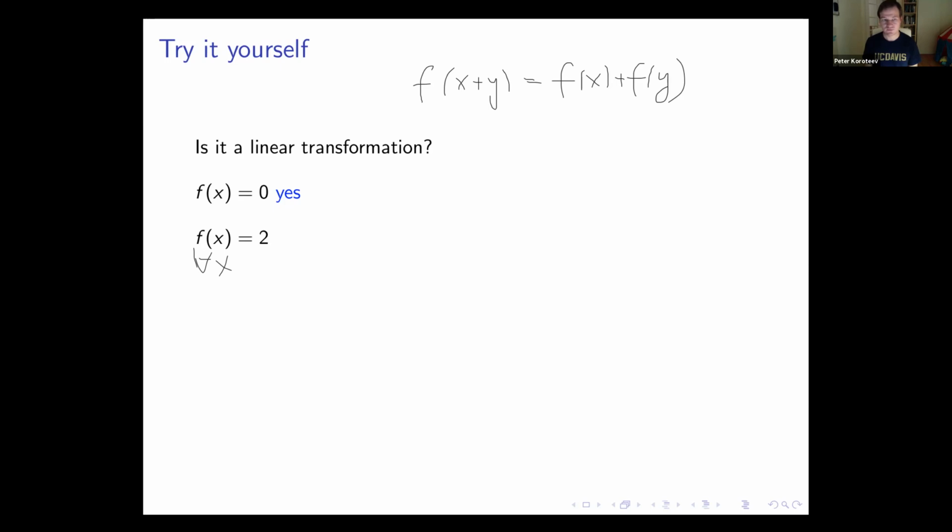Do you want to reconsider? No, why not? This is 2, this is 2, this is 2. It's not going to work. The image does not contain 0. 2 is not equal to 0, which is bad. In particular, this linear property is not satisfied.